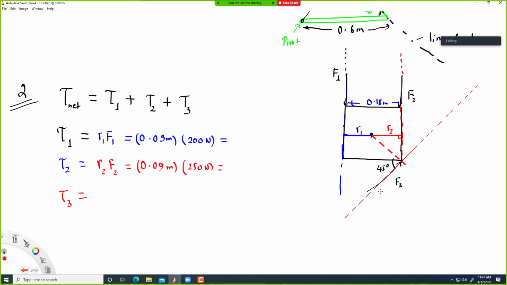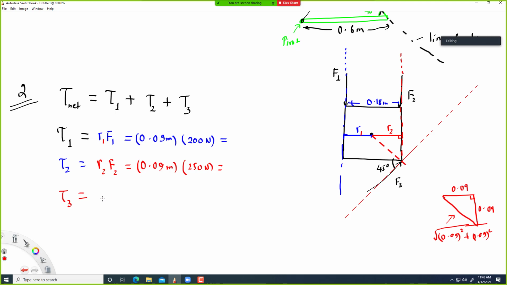You guys tell me, what should this distance be? This is 0.09, this is 0.09, so I want to find this distance. How do I find that distance? 0.09 squared plus 0.09 squared, right? Just use the Pythagorean theorem.